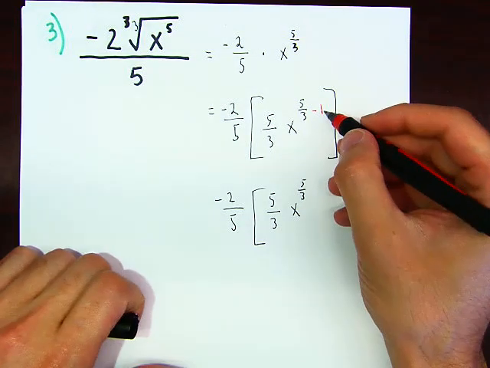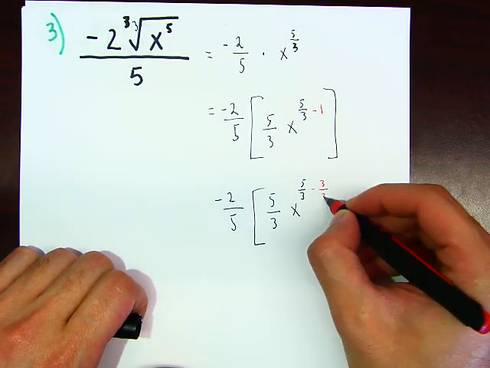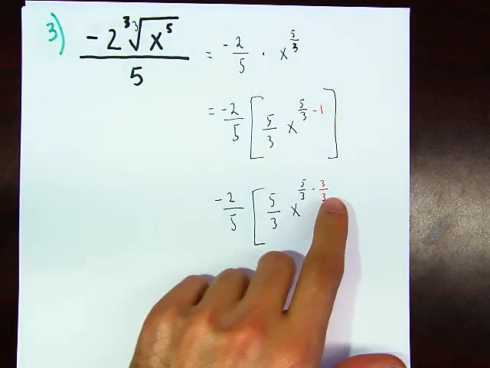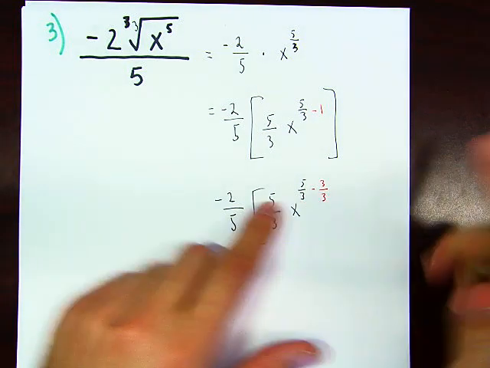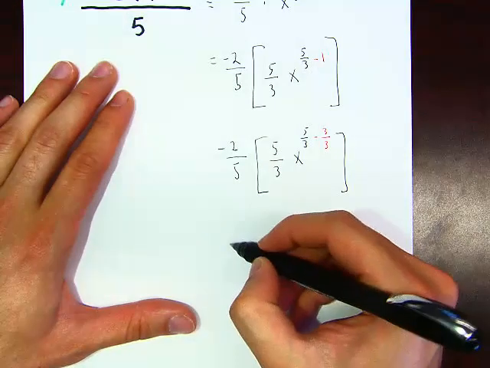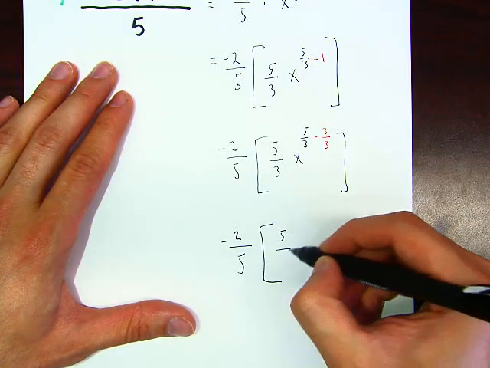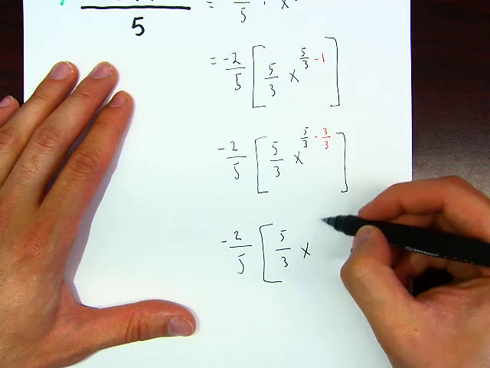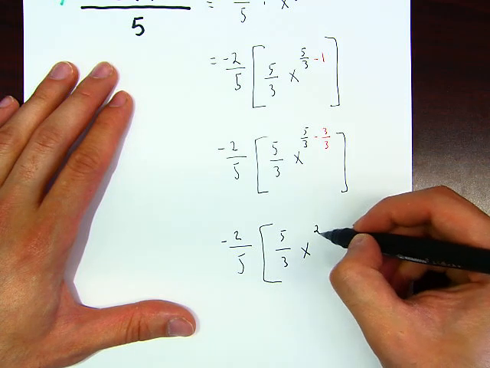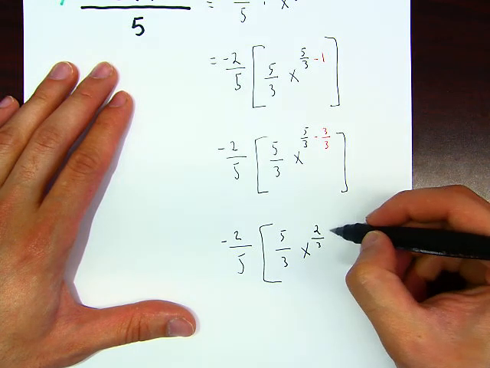Now, how are we going to convert this minus 1? It's going to be minus 3 over 3, because we want to make sure that these two denominators are the same, right? So then this becomes negative 2 over 5 times 5 over 3, x to the 2 over 3, okay?